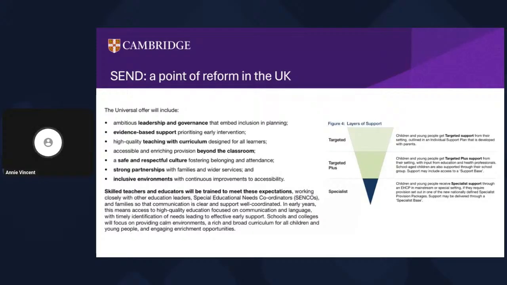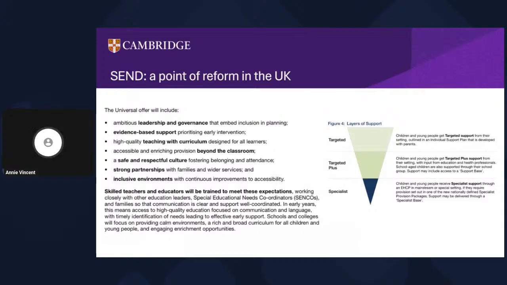Now, the white paper then details how there are going to be other levels or layers of support. And again, this figure is taken straight from that white paper. And this is about what we might offer to those children for whom that universal offer might not fully support. So we have these targeted and targeted plus levels where we're hearing about the introduction of a digital individual support plan for students, and that's going to form the basis of the support.